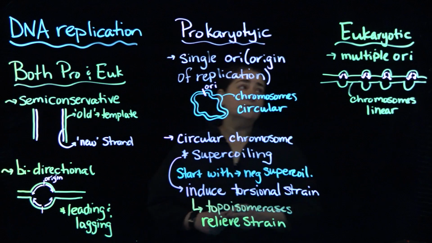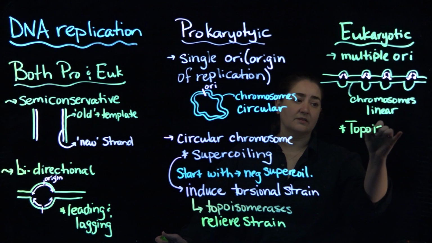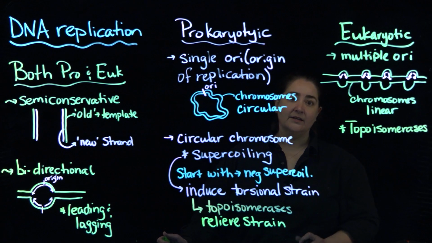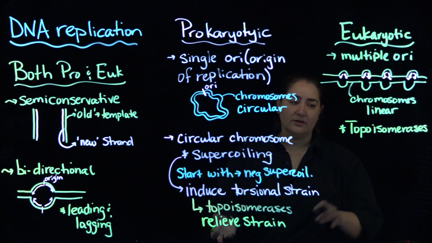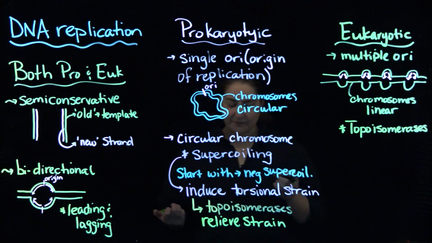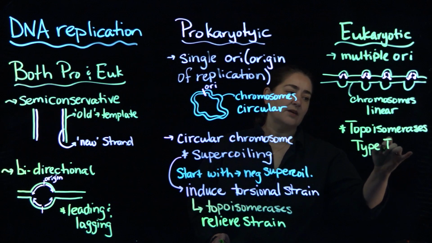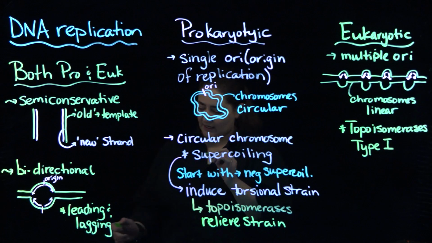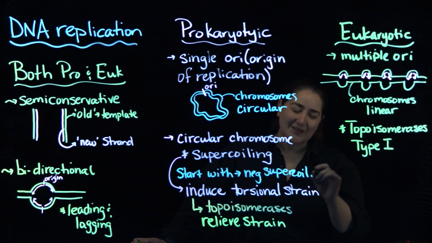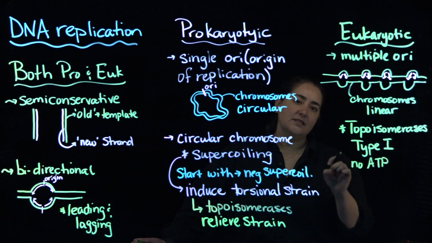And what I need to tell you, eukaryotic cells also have topoisomerases, okay? Yeah, great. You just told me these were bacterial. Now you're telling me it's eukaryotic. There are different types of topoisomerases, okay? In eukaryotic, it's type 1 topoisomerase. And the thing about type 1 topoisomerase, that's a mouthful, it doesn't require ATP to happen.